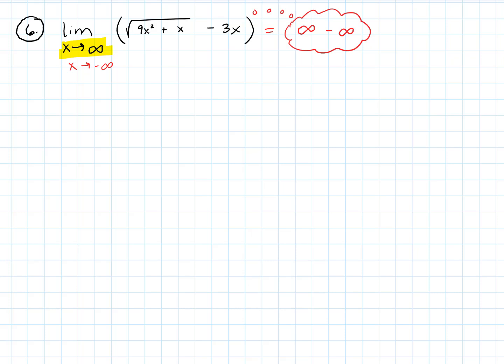This is like a power struggle. Who is going to win? Is the root function going to grow faster than the 3x term because we're subtracting? Does the first term dominate, creating infinite behavior, or does the second term win this infinite battle?